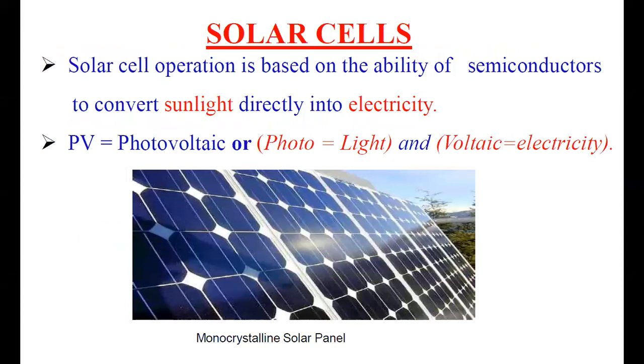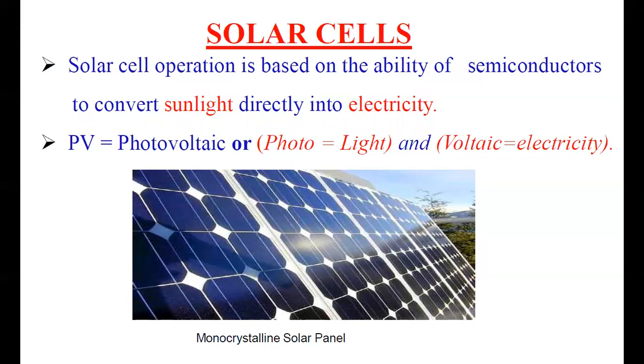Then the basic part of a solar panel is the solar cell. Each solar cell converts light energy into electrical energy. The solar cell operation is mainly based on the ability of semiconductors to convert sunlight directly into electricity.